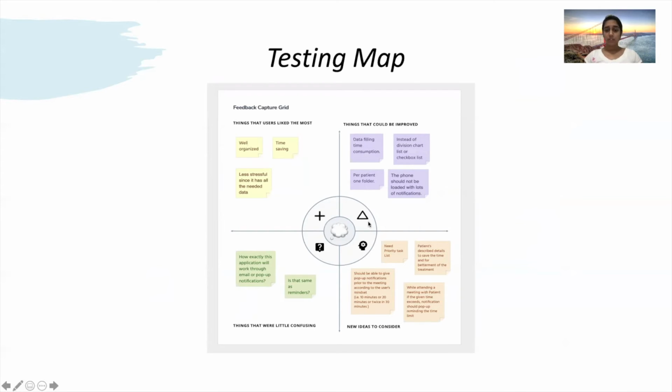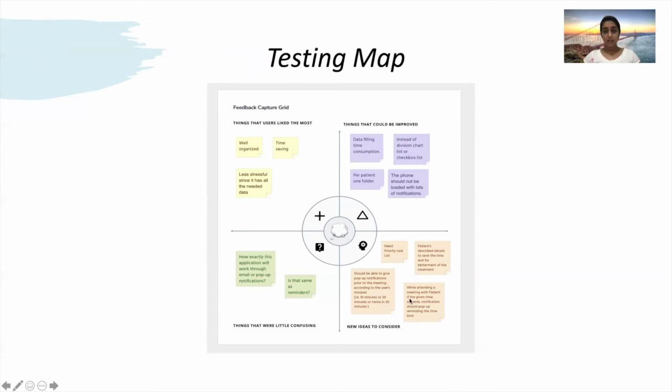The things that we needed to improve on was the priority task list, then patient details. If there is a meeting going on, it should give all the details about the patient, like the name, address, and so on.